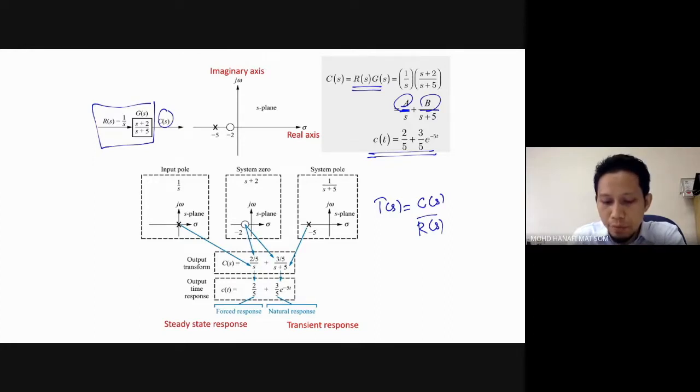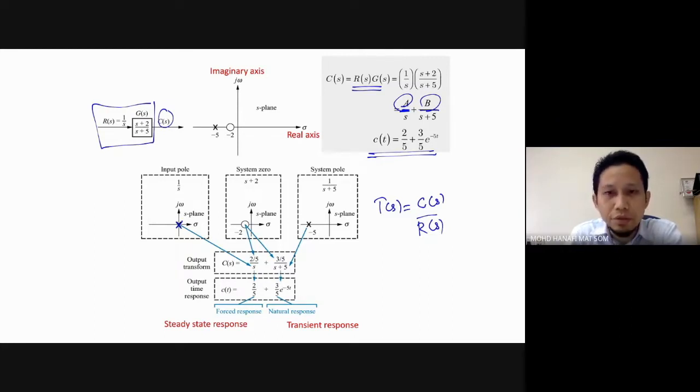Basically, when you plot it on the s-plane, the input pole is 1 over s, meaning that the s location is at 0. That's why you have this located at the 0 position on the s-plane.